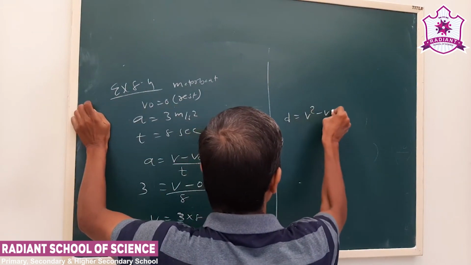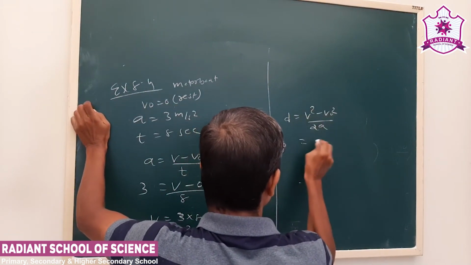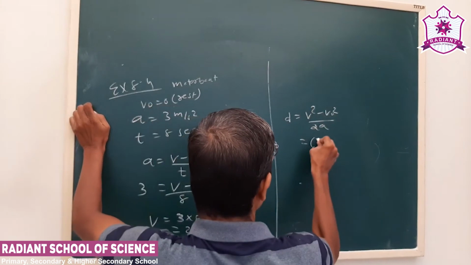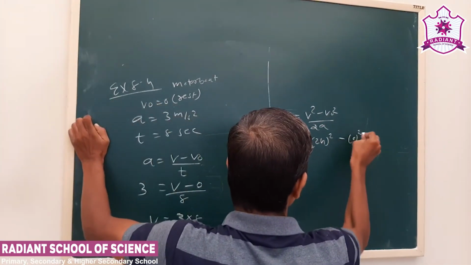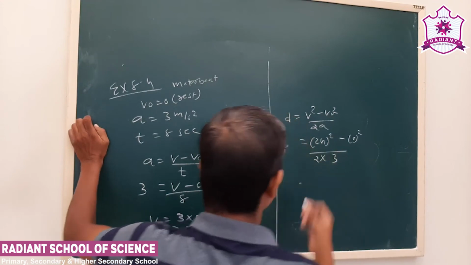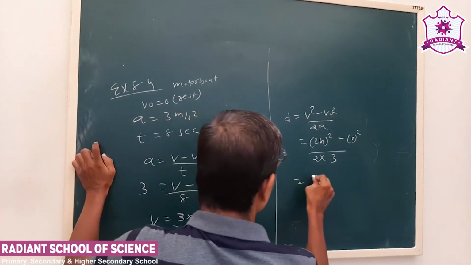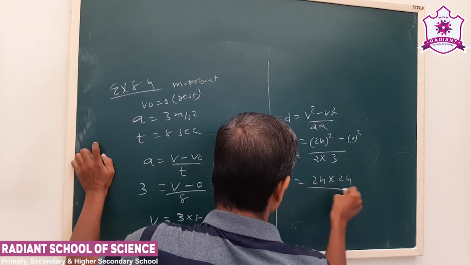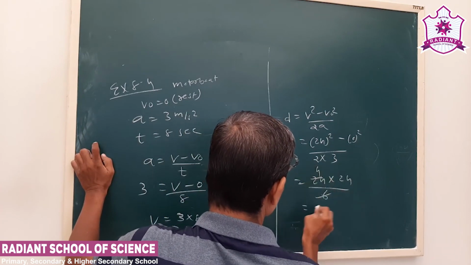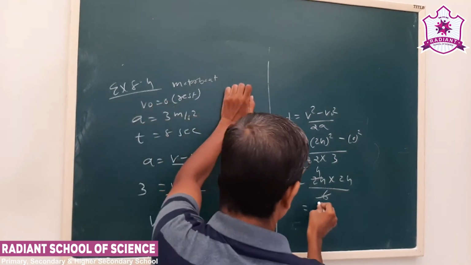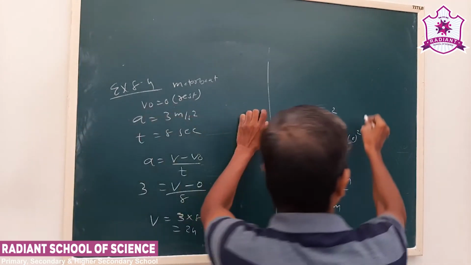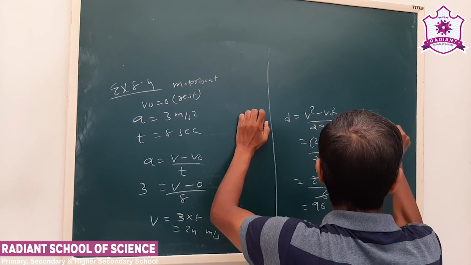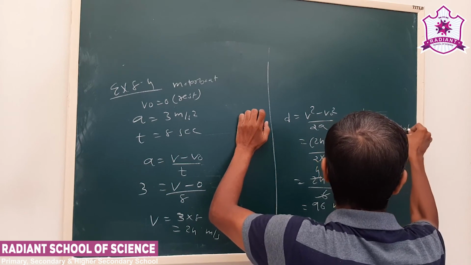d is V square minus V0 square upon 2a. V is 24, minus V0 is 0, acceleration is 3. You can use another formula also. d is equal to V0 t plus half a t square.